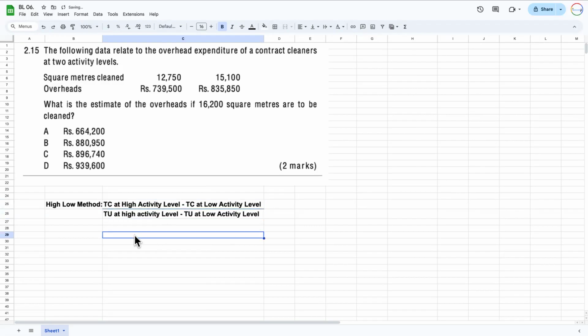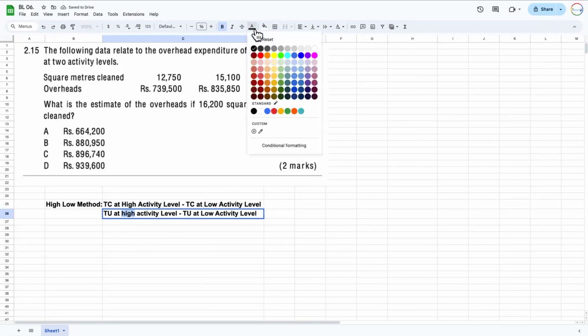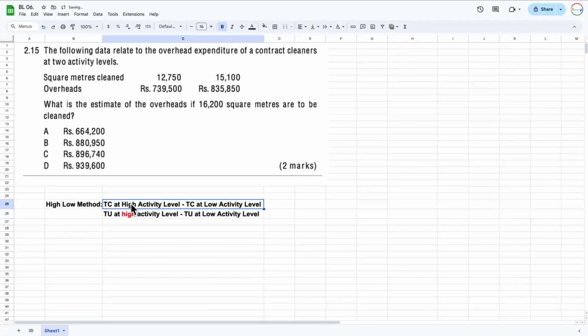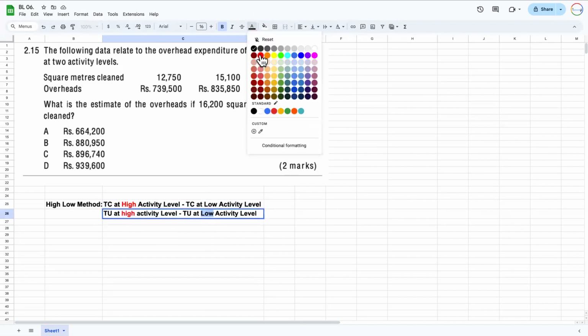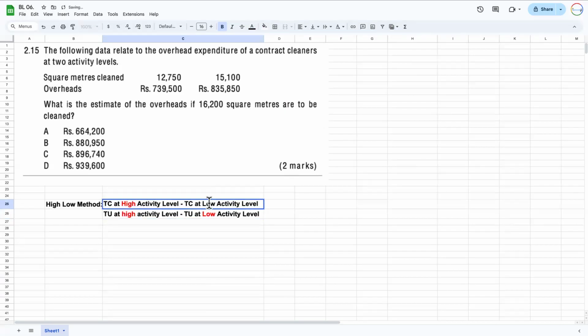The important part is that the high cost matches with the high units, top and bottom, and the total cost at low activity level should match with the total units at low activity level.